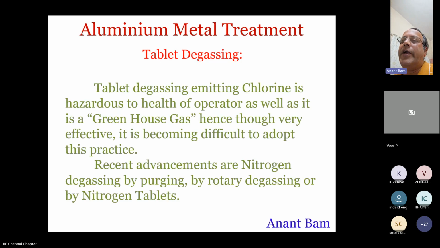Now, the second disadvantage of chlorine gas or emitting anything chlorine is that it is hazardous to health of the operators as well as to the structure of the shed, and it's a greenhouse gas. Do you know how harmful chlorine is? It is 21 times more harmful than carbon dioxide. So 1 ton of chlorine emitted is equivalent to 21 tons of CO2 emission.